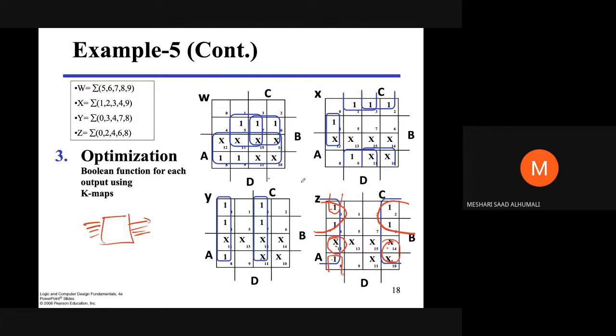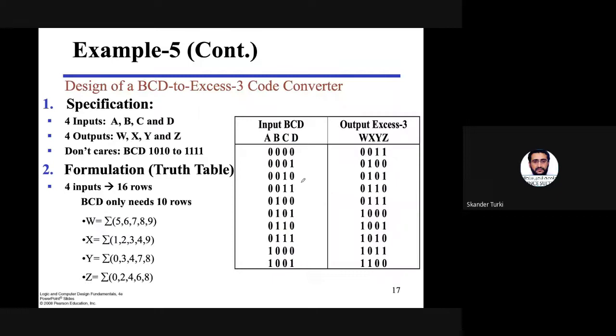Doctor, I have a question: how do I know that I have don't cares in the question? You will have don't cares if the function has some codes that are not allowed, or that never occur, or if they occur we don't care about them.